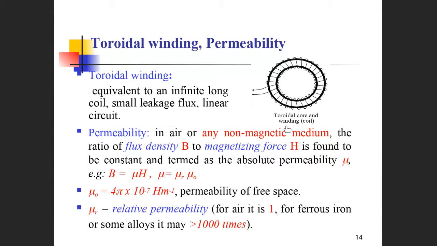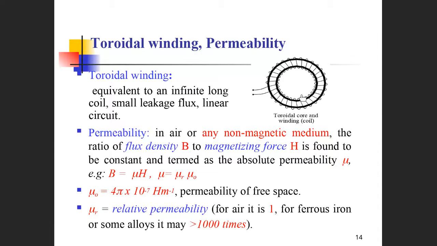Together we call them windings, or coil. Some students always get confused with this one. It is equivalent to an infinitely long coil, with small leakage flux, a linear circuit.